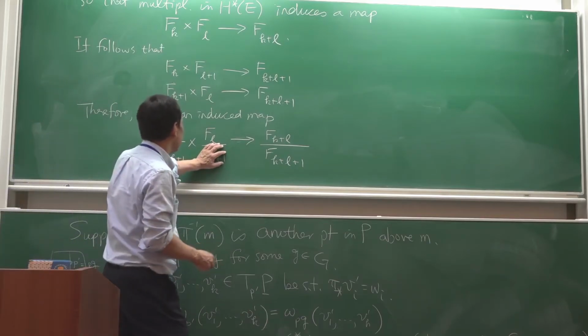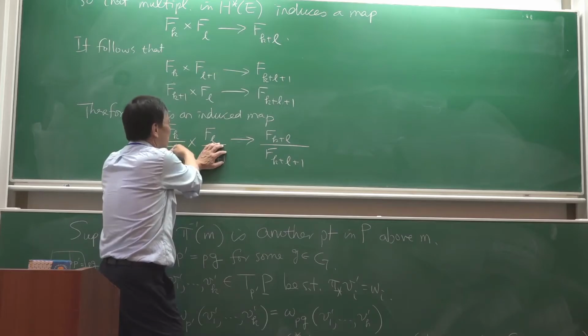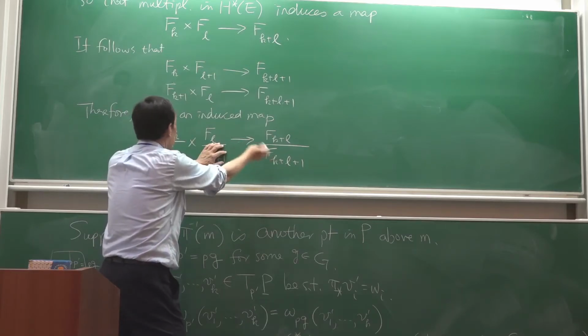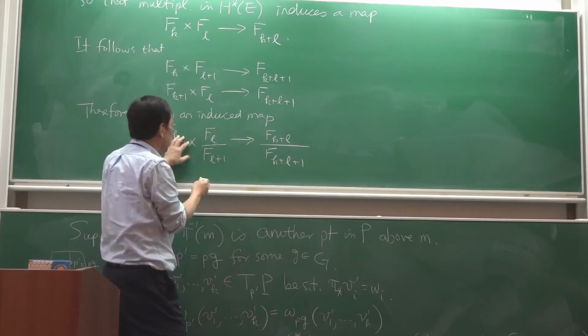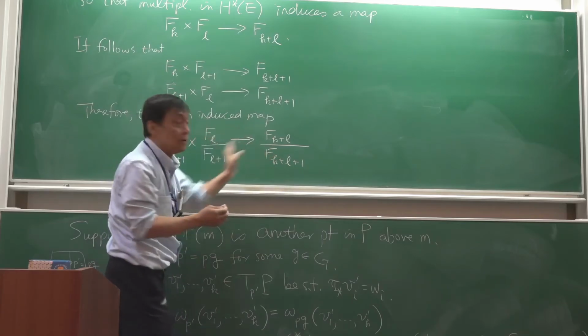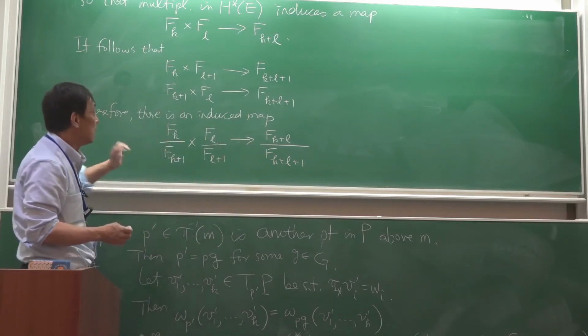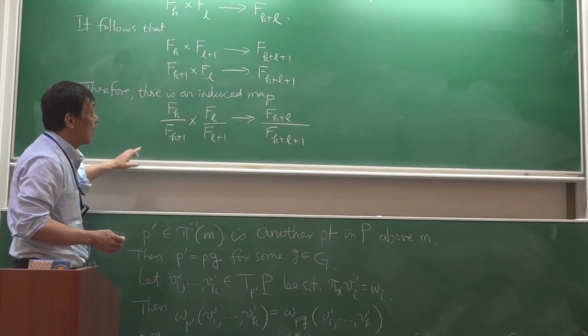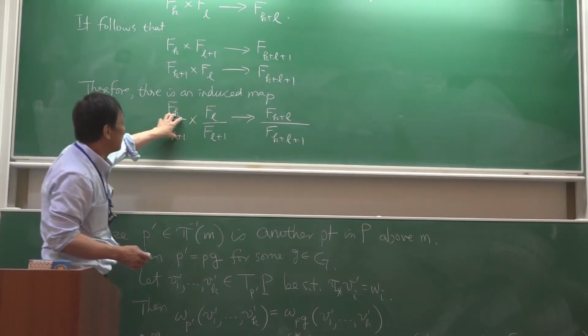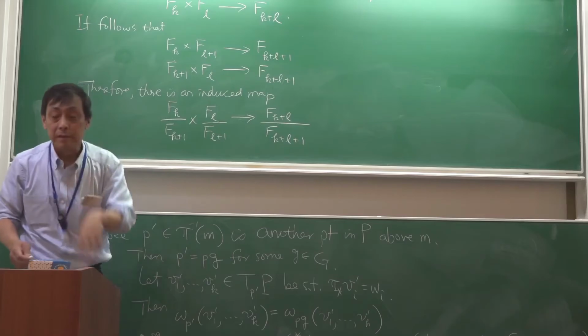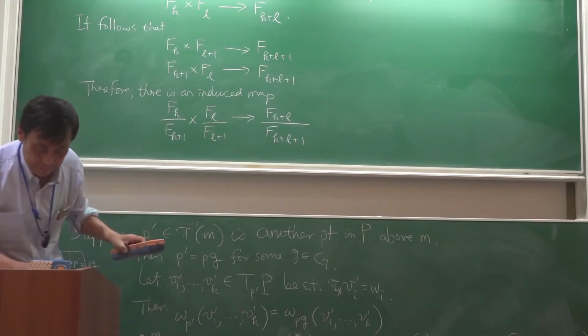Yeah, because here, this is in the kernel of this map, so you can divide it out. And then this is in the kernel, so we can divide it out. So you have this, and these are the terms in the associated graded.